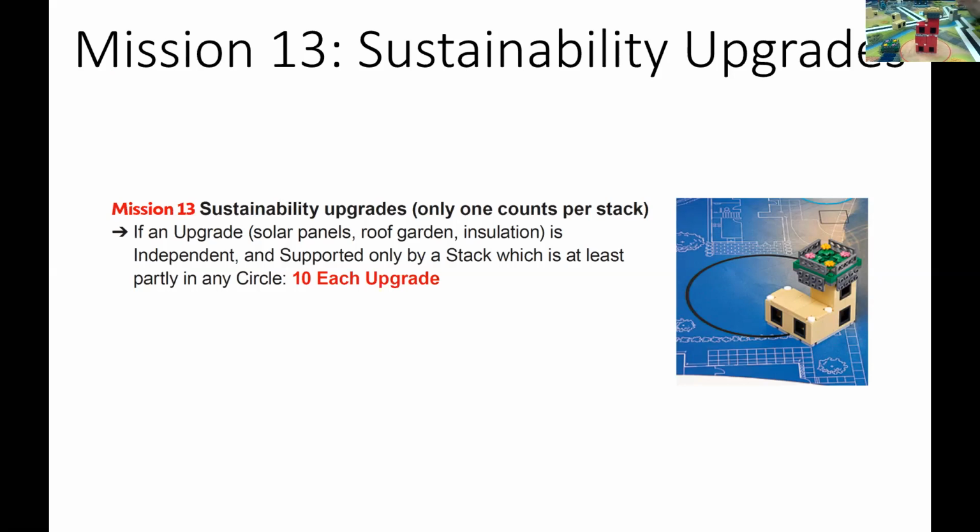Now, you only get to count 1 upgrade per stack, so you can't do this, because that occurred to me. But I could do, that's 1 stack. If it's a bridged stack, then I wouldn't get to count this other one. But because they're independent stacks, I can count both of these sustainability upgrades.